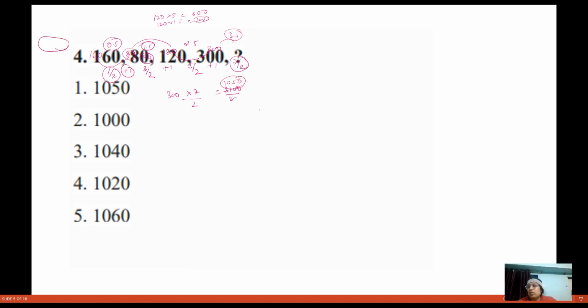If you do the difference method also, see 160, 80, 120 and 300. When we take the difference, we get the difference is 80. Then we take the difference, this difference is 40. And then we take this difference. What is this difference? This difference is again 80. So that way we might misconstrue this thing. Sorry, this is 180.